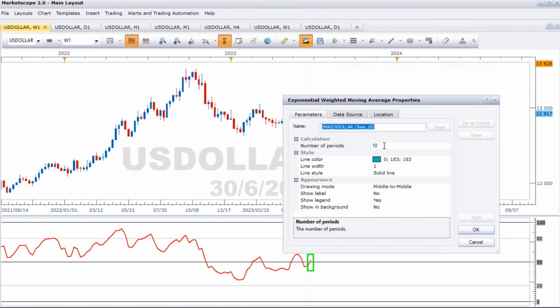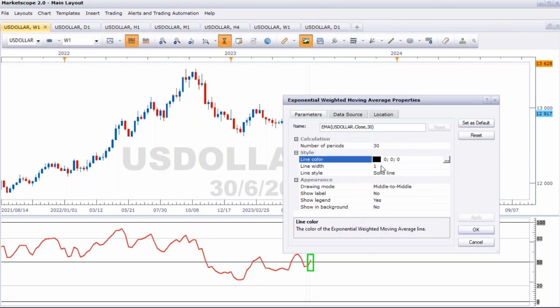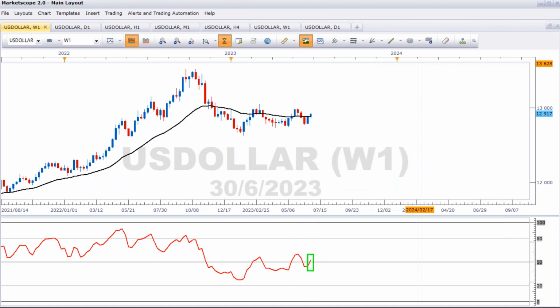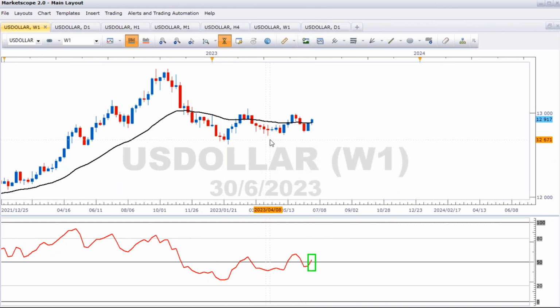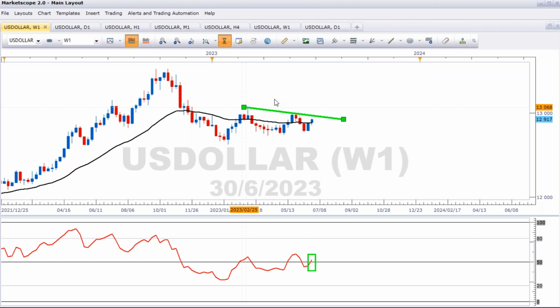And what we'll do here is we'll just make this 30. I'm going to make the line color black, just so it's easier to see, and we'll make it slightly wider. And what you can see is that here is the sideways symmetrical triangle, right?